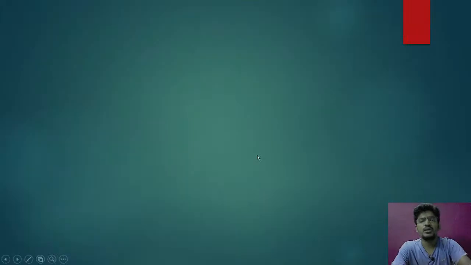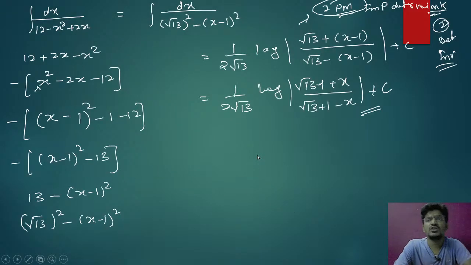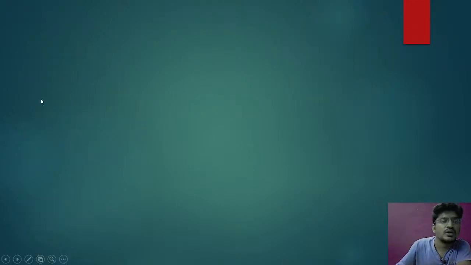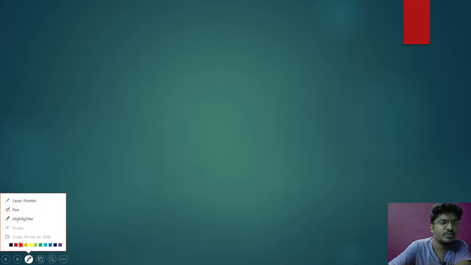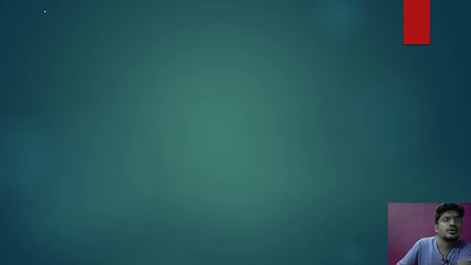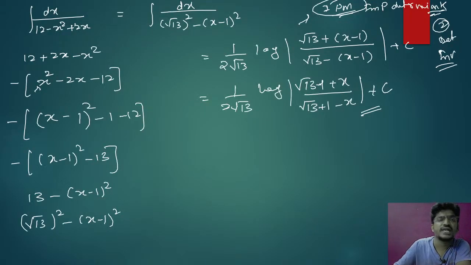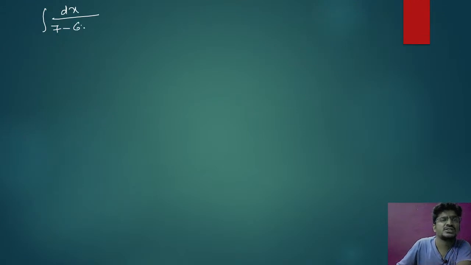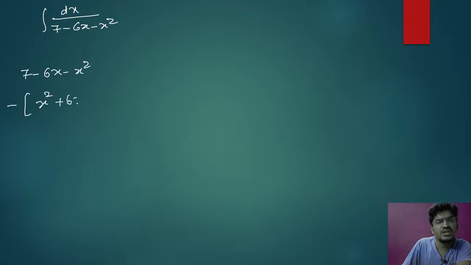So see the second problem, that is integration of dx divided by 7 minus 6x minus x square. So you see this 7 minus 6x minus x square, take negative sign outside, it will be x square plus 6x minus 7.